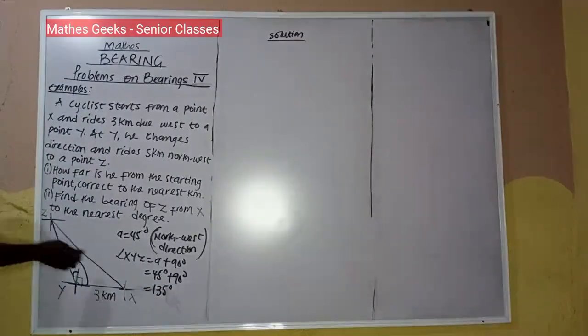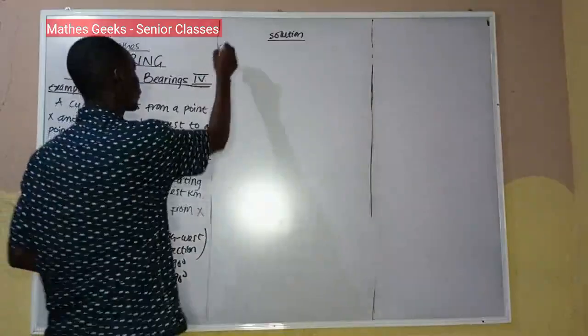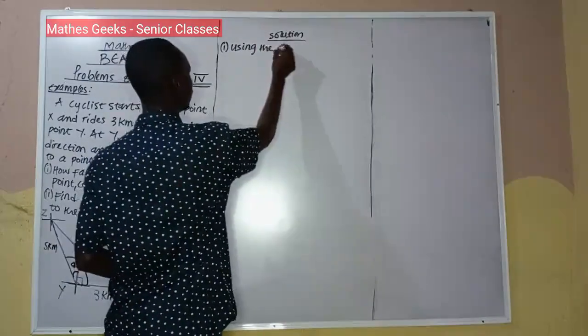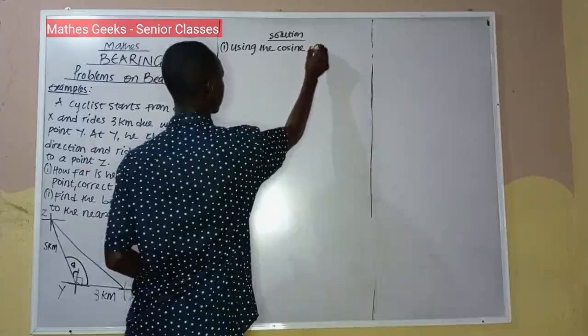So we have an included angle on 2 sides, so we are going to use the cosine rule.